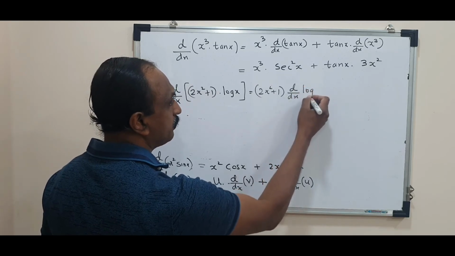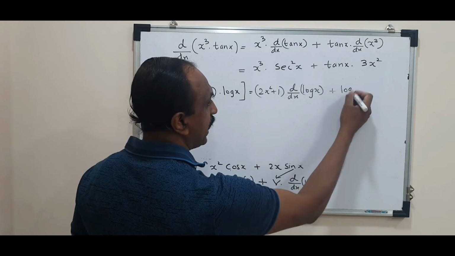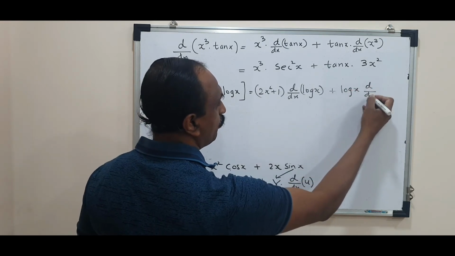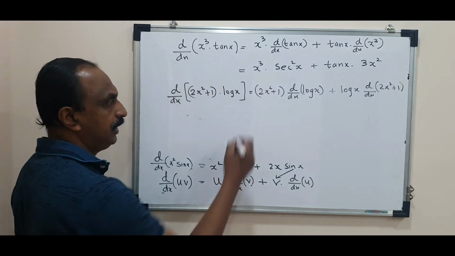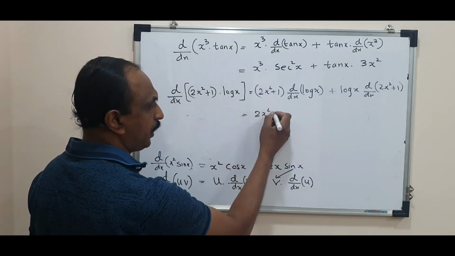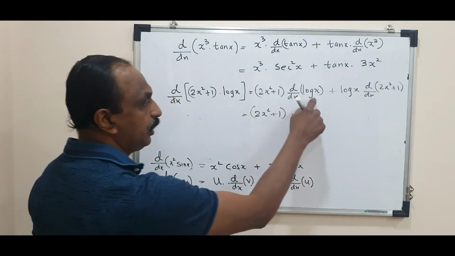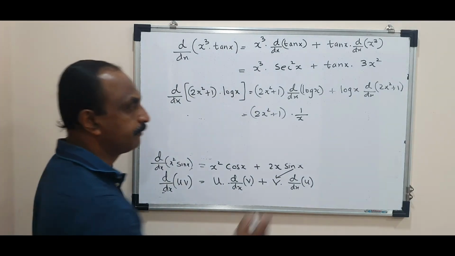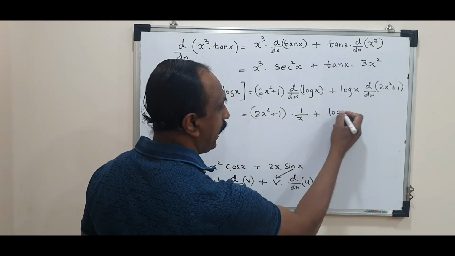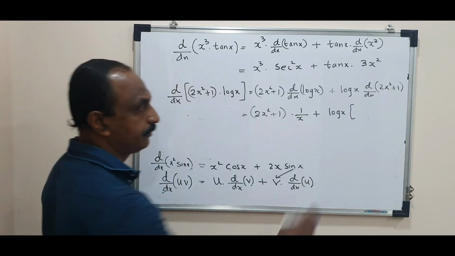Derivative of log x, plus log x as it is, derivative of 2x square plus 1. Now 2x square plus 1 remains as it is. Now the derivative of log x, remember log to the base e, is 1 over x. Derivative of log x is 1 by x, plus log x into, how will you calculate the derivative of 2x square?